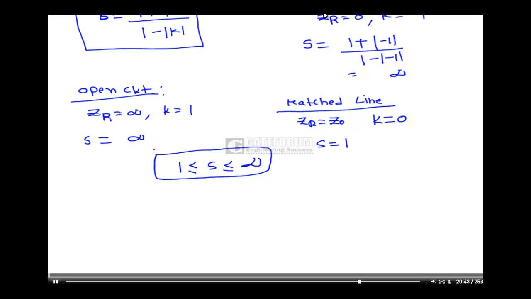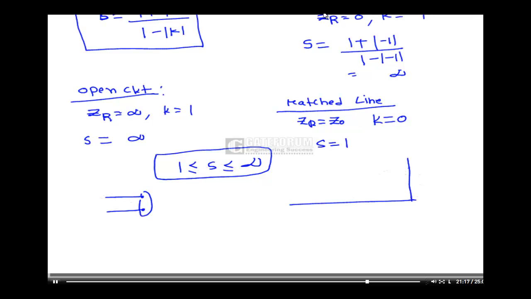Now we will see how the pattern looks like on the line. Suppose I consider first the open circuit case. In the open circuit case, voltage is maximum at the load end. Always draw the graph from the load end. At this load end, voltage doubling action takes place, so voltage is maximum.